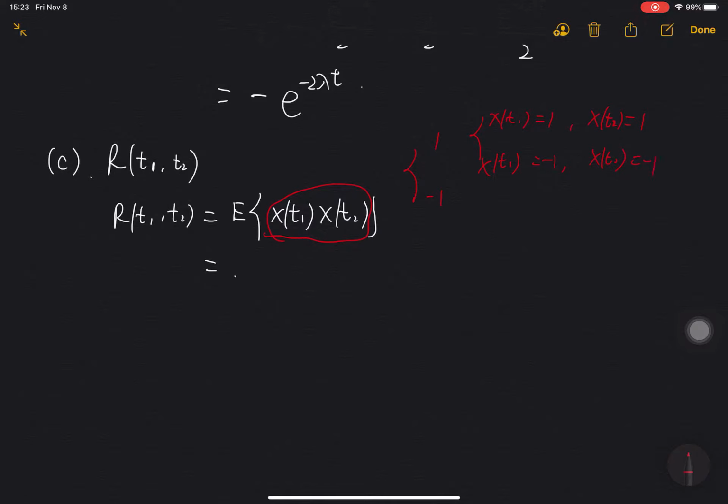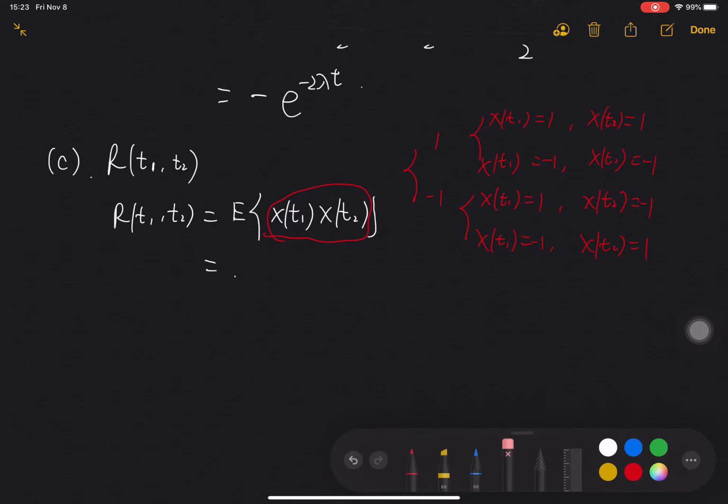And if we want this to be minus 1, there are also two situations: X(t1) is 1 and X(t2) is minus 1, or X(t1) is minus 1 and X(t2) is 1. As in question B, we need the probability of these four situations.